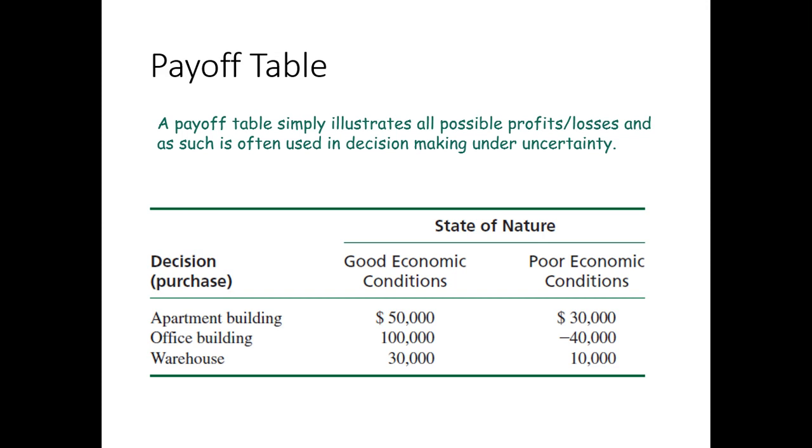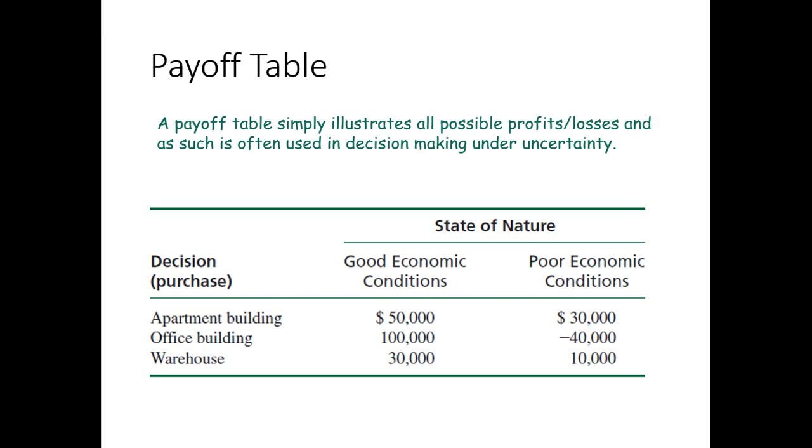She can make $100,000 by selling office building, and if the economic condition is not good, what will happen? The people are not running business, they don't need office. In that case, it is possible she can make a loss of $40,000, loss minus.